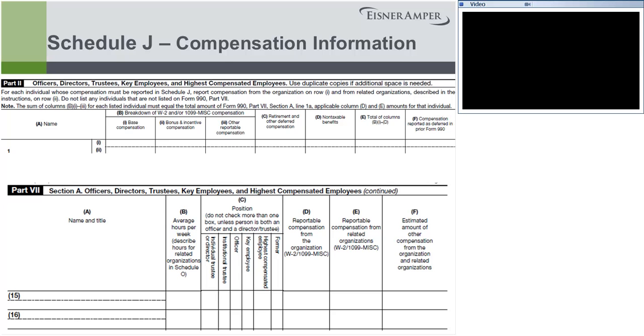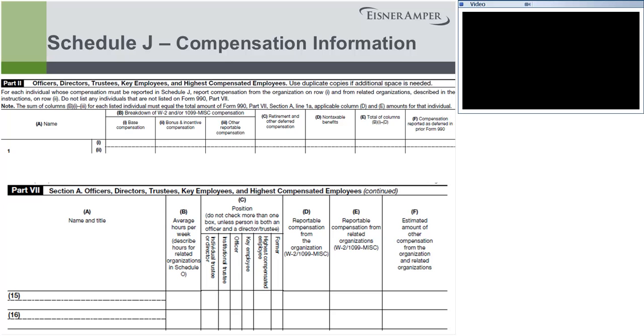So the only thing you really see in the core form is going to be the reportable comp, your base comp pretty much, coming from a W-2 or 1099. Any comp that you may have gotten paid from a related organization, which may be 0. And then estimated amount of other compensation from the organization and related organizations, if that's applicable.